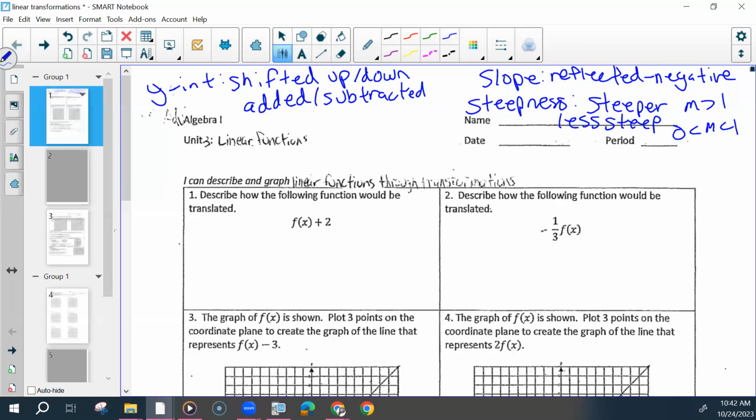I'm going to write this last thing and then it'll be time for lunch. So I said that everything compares to the original, and that's your function f of x equals x, or y equals x. What would your slope be of this original?